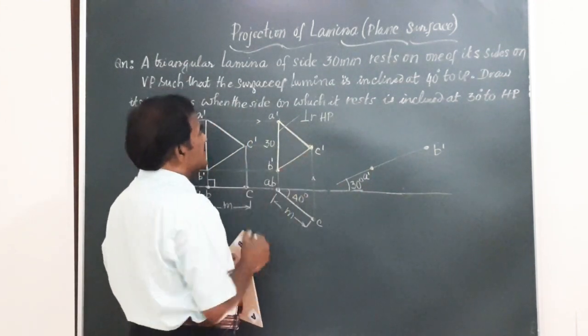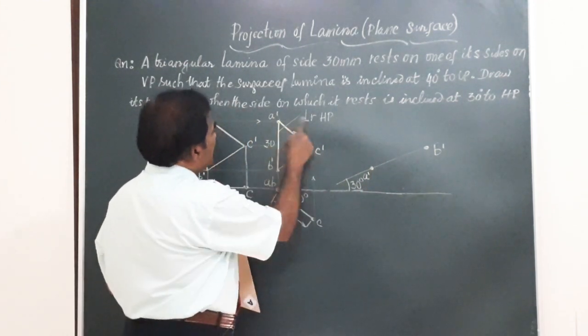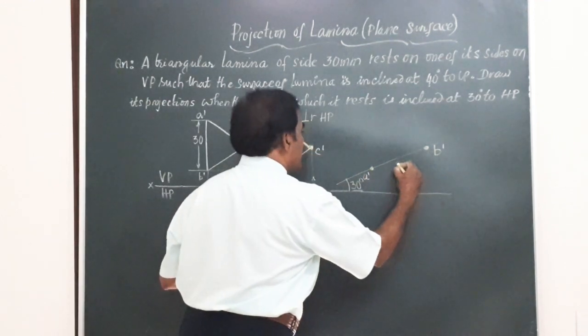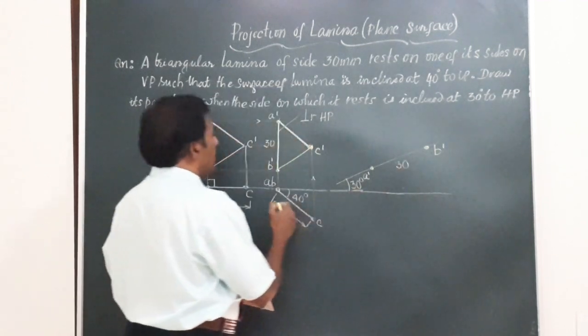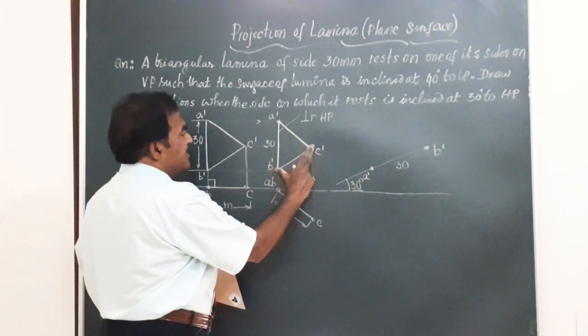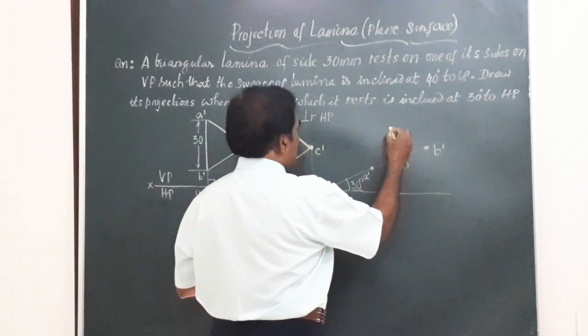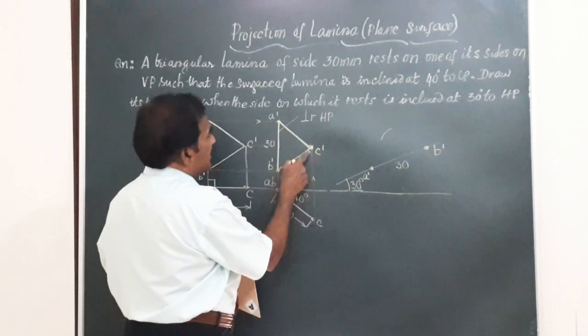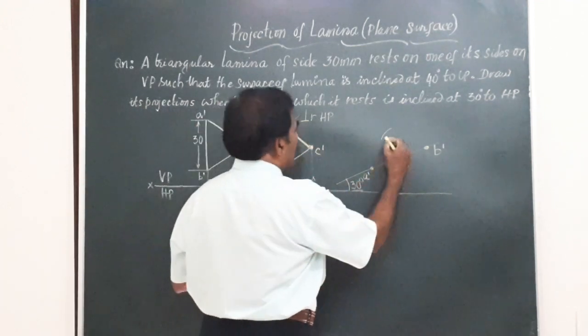And how to locate this C? Friends, this is a triangle. We have this side AB that measuring 30 mm. And here take B dash as center, B dash C dash as radius. With this you can write an arc. Similarly, with A dash center and A dash C dash equal to this as radius, draw another arc.